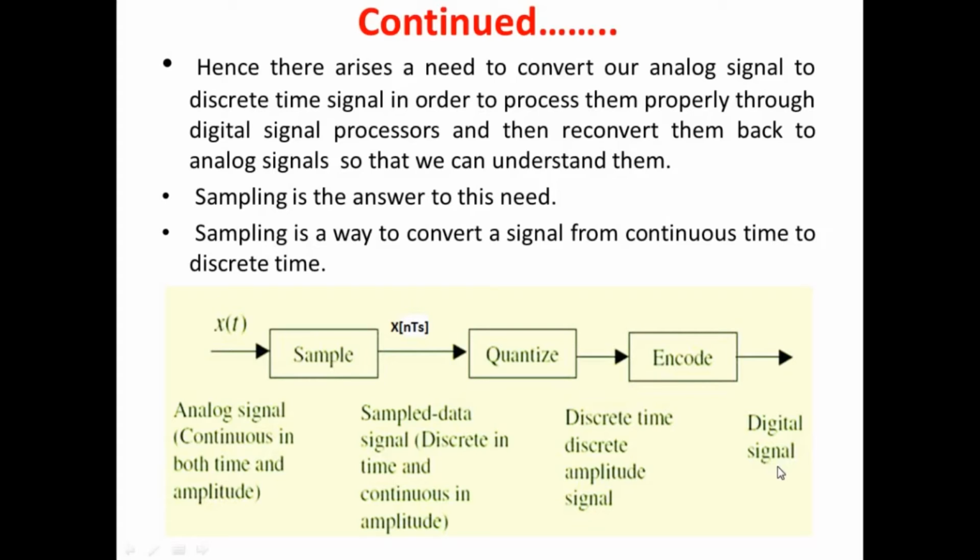At the receiver side we humans can hear only analog, so we convert the digital signal into an analog signal, which should be the same as at the sending side. In order to match that analog signal at both sending and receiving sides, these three processes have to obey some theorems and laws. For the very first process, sampling, it has to obey the sampling theorem.